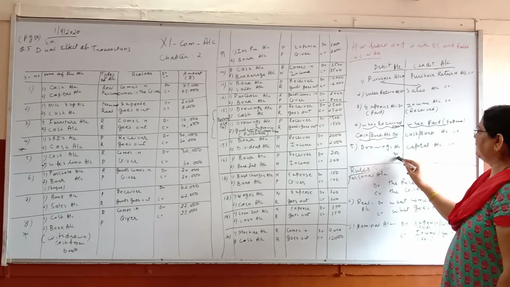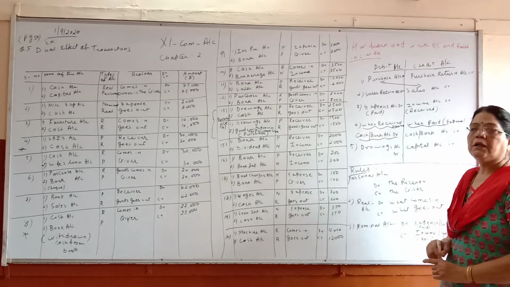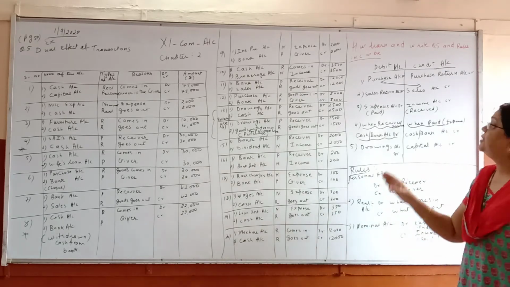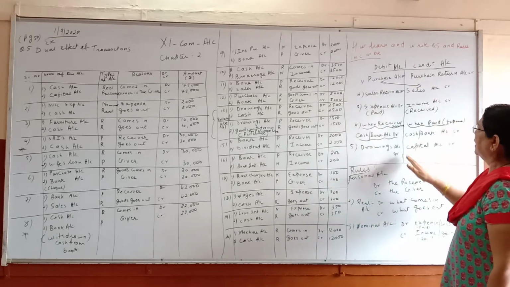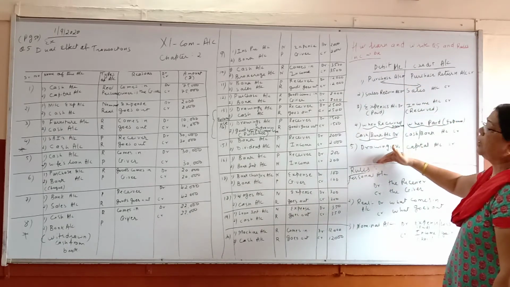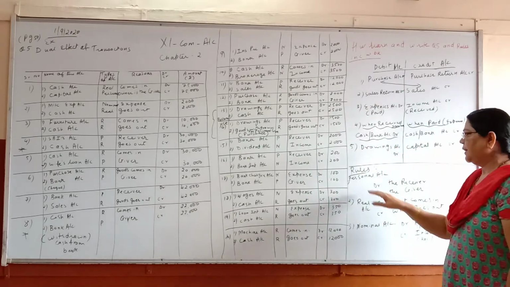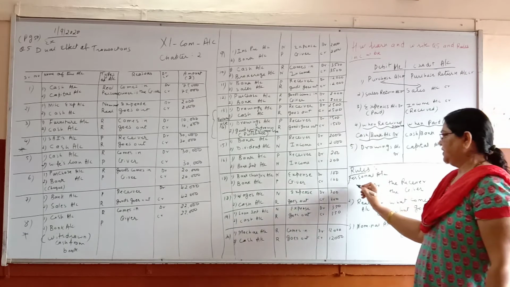Drawings is always debited, capital is always credited. So these are the common ones which I have put in the format, column wise. All these are debited always, all these are credited always. Now children, rules which I have already done.